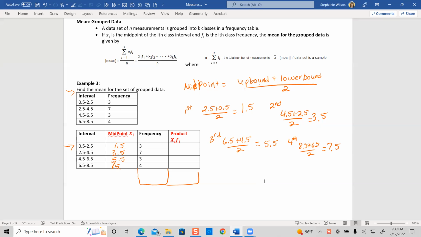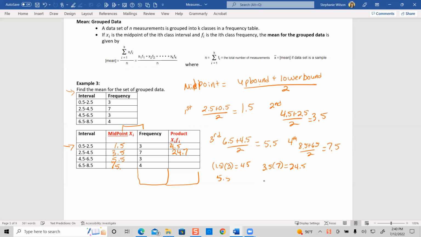Okay, so now that we've done that, next we want to find the product. Well, the product means I'm going to take the midpoint times the frequency. So I'm going to have 1.5 times 3, which gives me 4.5. Then I'm going to take 3.5 times 7, which gives me 24.5.